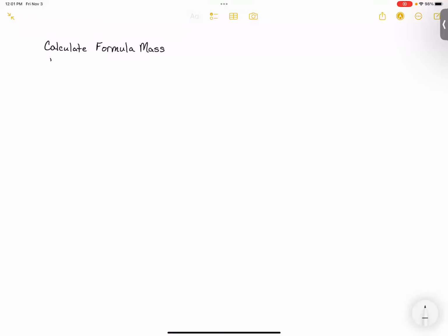We have talked about how the formula mass differs from the molar mass and how to calculate the molar mass. The difference between these is the quantity of items we're talking about, whether we're talking about a single unit or an entire mole of units. We have talked about Avogadro's number.